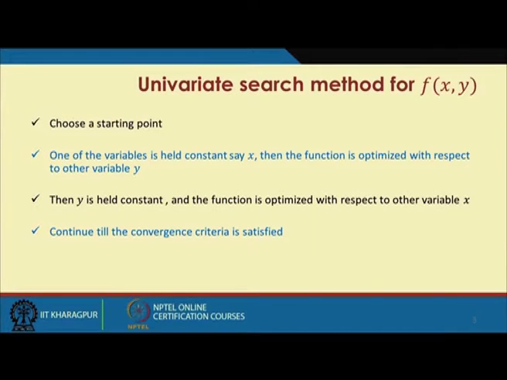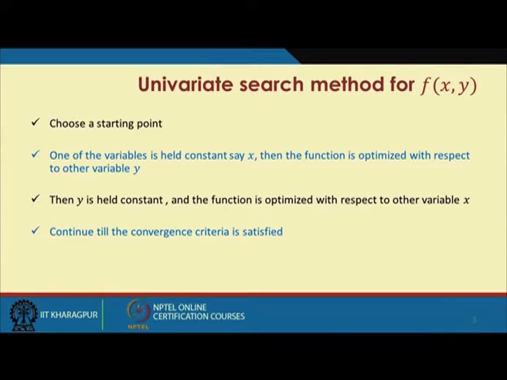If I look at the basic algorithm for univariate search, we start with the starting point. One of the variables is held constant, say x, then the function is optimized with respect to the other variable, say y. I can do it the other way, keeping y constant and changing x as well.